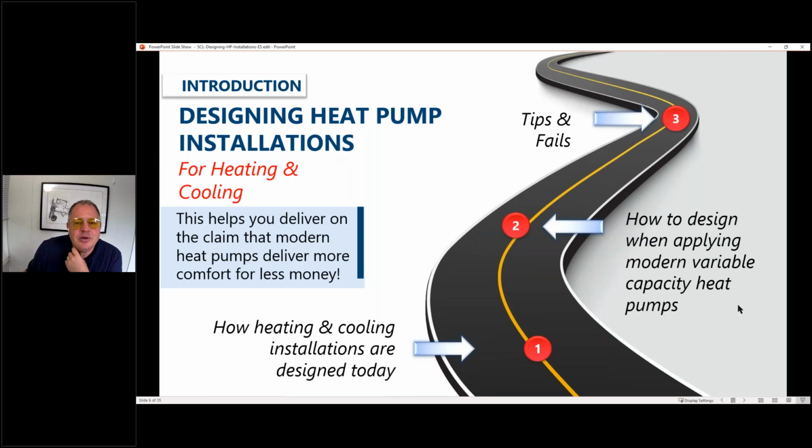Now, as I work through the content today, I'm going to talk about how heating and cooling system design is done today, and use that as a way to highlight the differences in how you design for a heat pump. And then we'll look at how that specific design might differ when you apply it to a modern variable capacity heat pump.